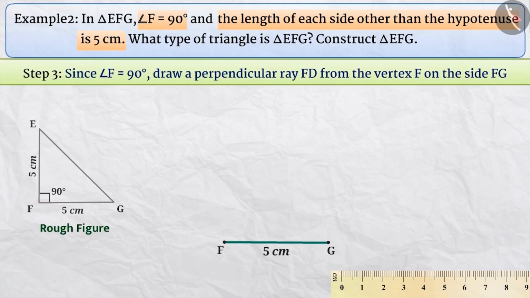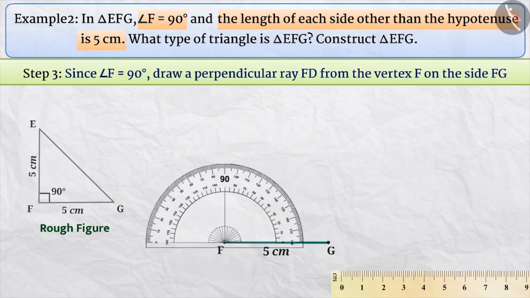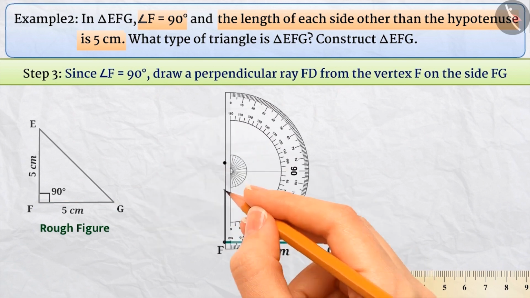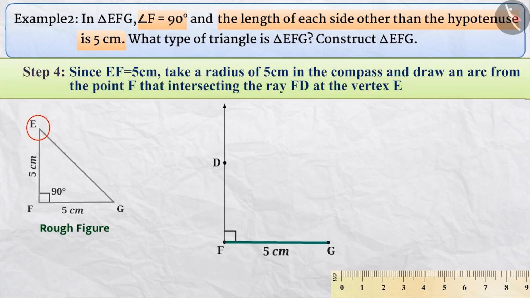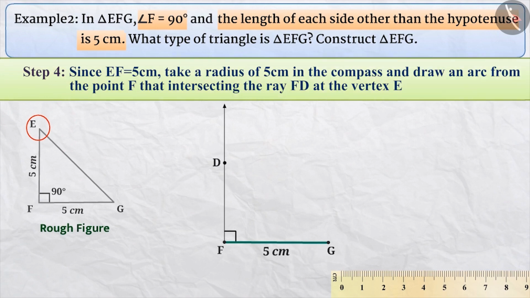Step 3. With the help of a protractor, we will mark an angle of 90 degrees on the vertex F, from which we will get a perpendicular ray FD on the side FG. The vertex E should be situated somewhere on the ray FD. Step 4. We know that the length of the side EF of triangle EFG is also 5 cm.